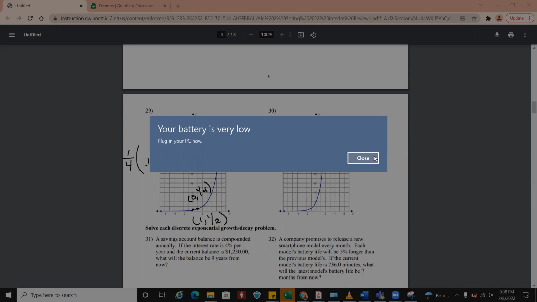Sorry, my other computer froze. Give me 2 seconds. Okay. 2 seconds.